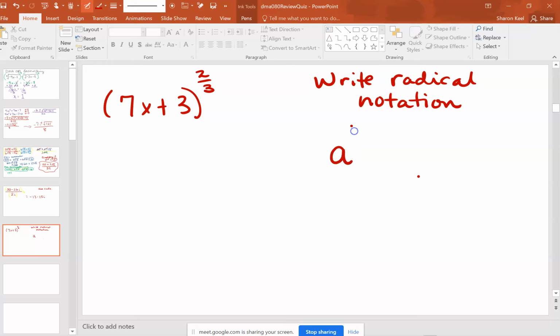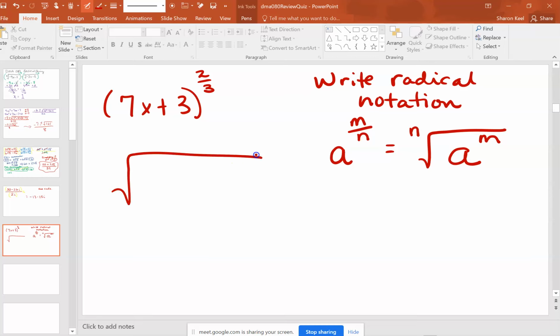If you have a base raised to a power, and you're going to write it in the radical form, the base is the radicand, the numerator is the exponent, the denominator is going to be the index. So all I'm going to do is write a radical, the 3, that's going to be my index. They gave us 7x plus 3.